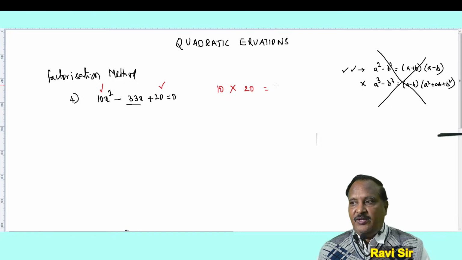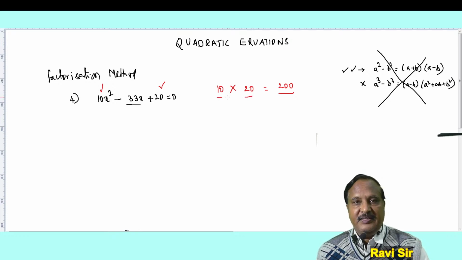Including signs you have to take. So 10 into 20, it is 200. So the product is 200. Now you have to find the factors of 200, so that, because now here 10 is one factor, 20 is one factor, both are plus only. So that means the sum of these two factors should be minus 33.